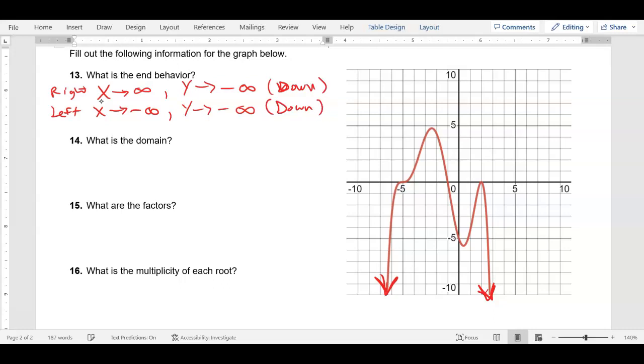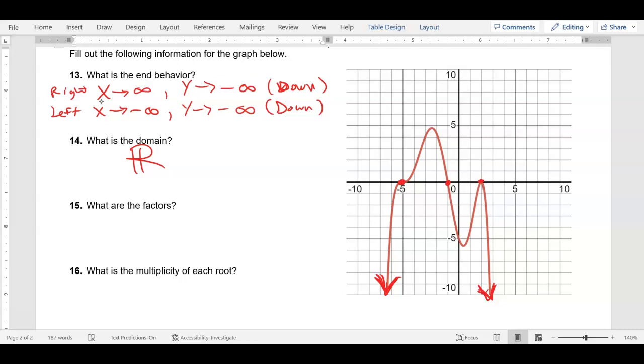Cool. Now the domain, if it goes forever to the left, forever to the right, that's all real numbers. Okay, but be careful, the range does not go up forever, right? Okay, what are my factors? Well, I have a factor right here, here, and here.